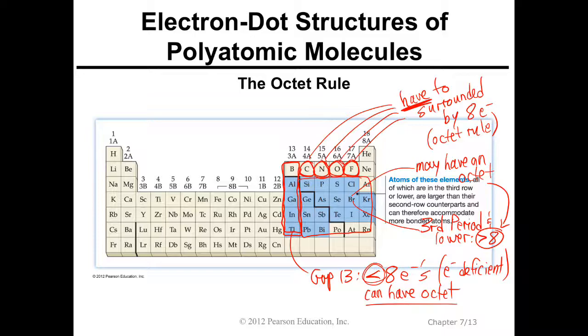The reason for that, the hand-waving explanation, since there's a more sophisticated one when you get into quantum mechanical bond theory, is to think of it as their orbitals being larger, so they can accommodate more bonded electrons. If you have larger orbitals involved in bonding, you won't have electron-electron repulsions with the added electrons, so they can take more than 8.